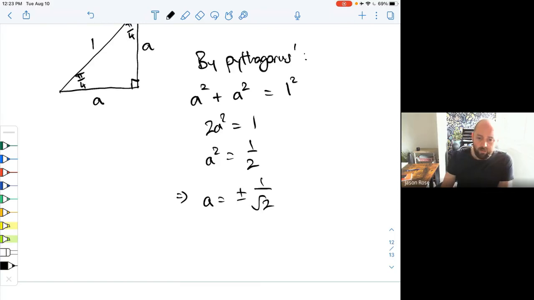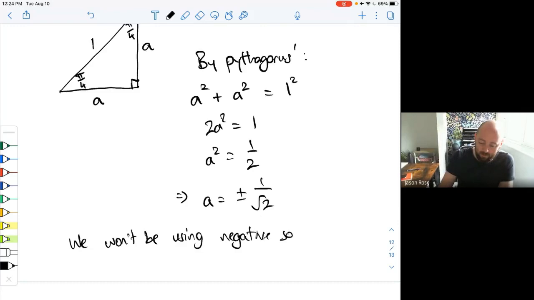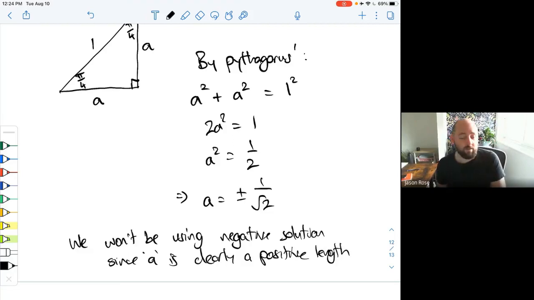Now, obviously, we're not going to use the negative solution, because we're talking about lengths here. Since a is clearly a positive length, the length of the side of a triangle, it's not going to be negative.